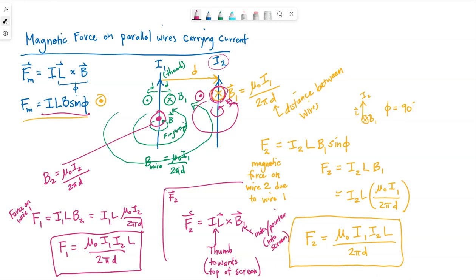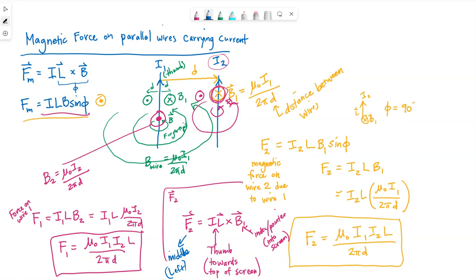So if I have my thumb pointing towards the top of the screen and my index finger pointing into the screen, my middle finger, in this specific case, will point to the left. What that means is wire 2 experiences a force that points to the left.